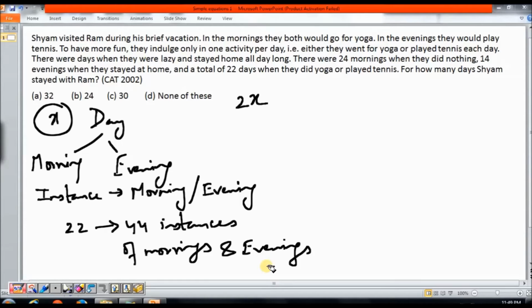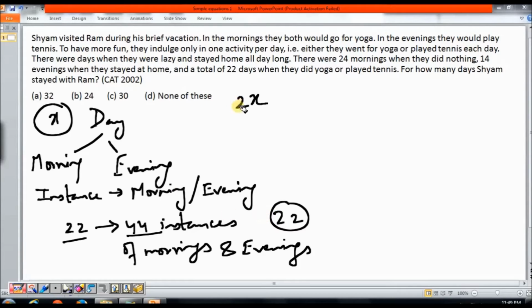On any given day, they will either do only yoga or only play tennis. They may choose not to do anything on a particular day, but they cannot do both on the same day. So, out of these 22 days or 44 instances, they would have engaged themselves only on 22 instances.